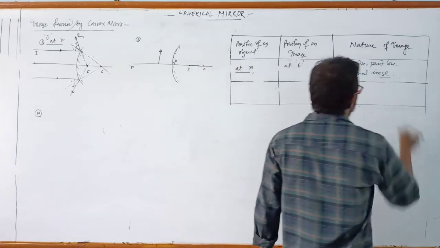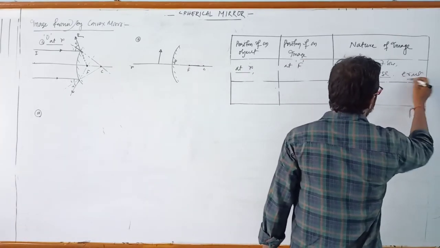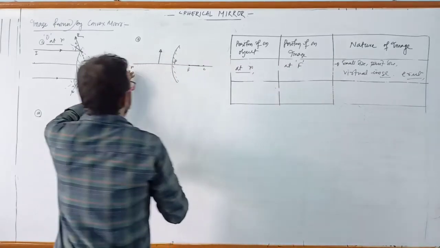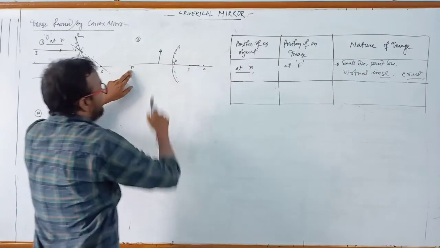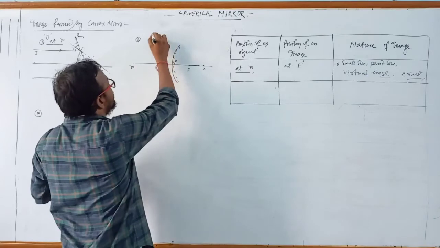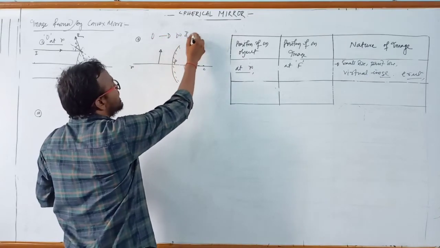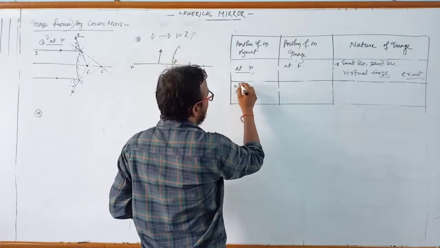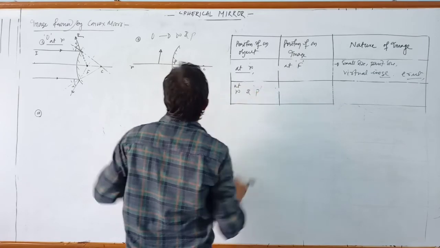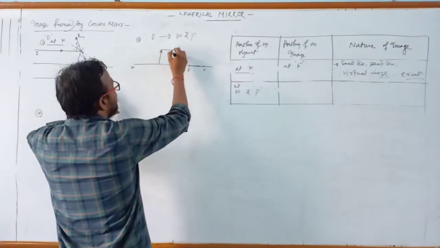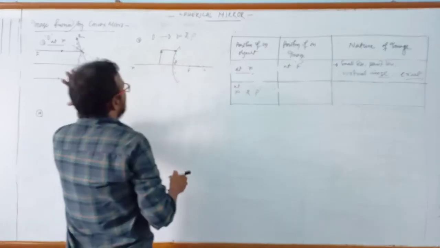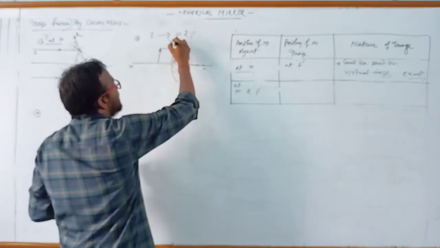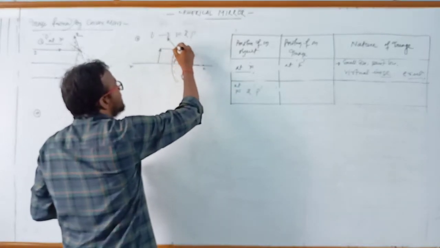And diminished, virtual and erect image. Suppose the object is between infinity and P. If you draw a ray diagram here, then this ray is reflected in this direction.